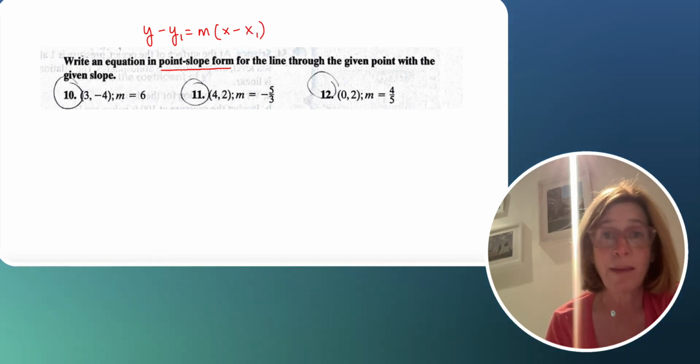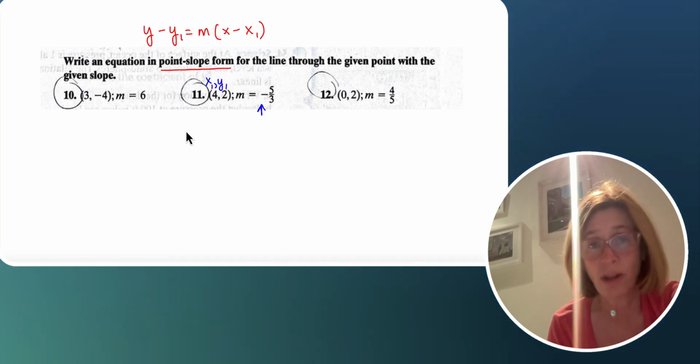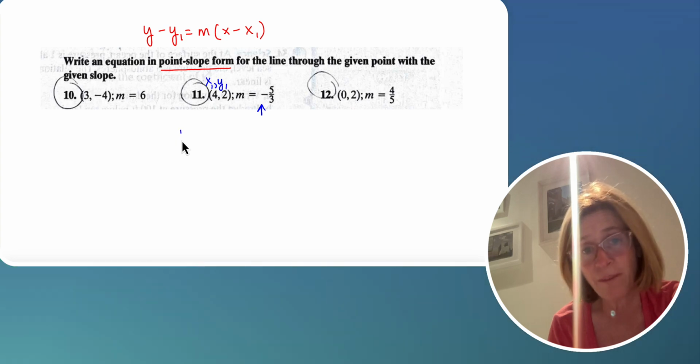Let's label our point. Our point here, 4, 2, would be x1, y1, and I'm given a slope of negative 5/3. So I plug them right into the equation: y minus 2 equals negative 5 over 3 times x minus 4.